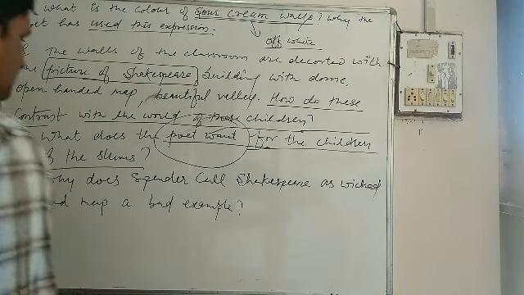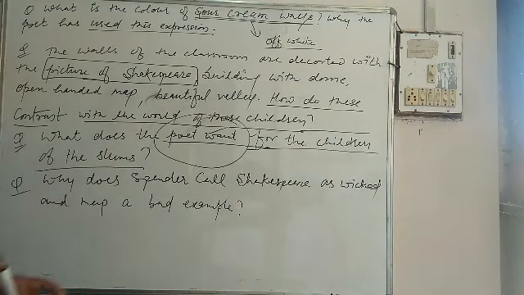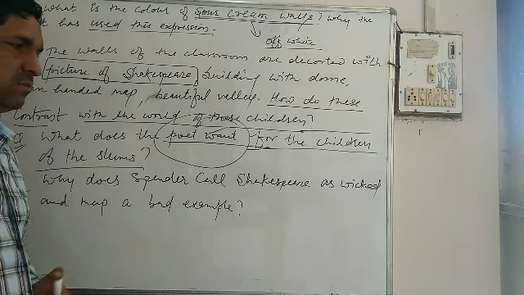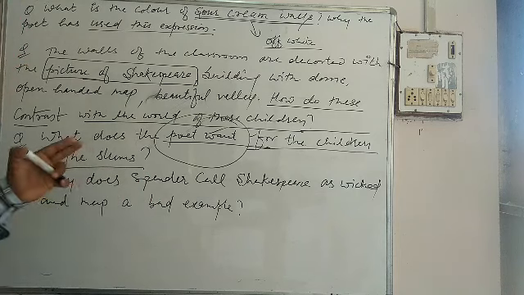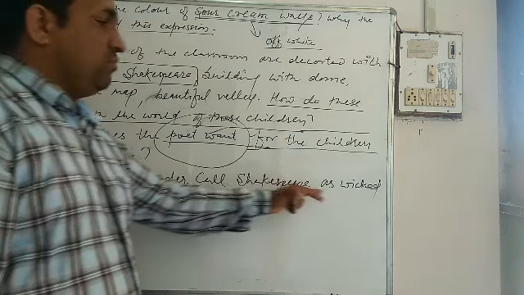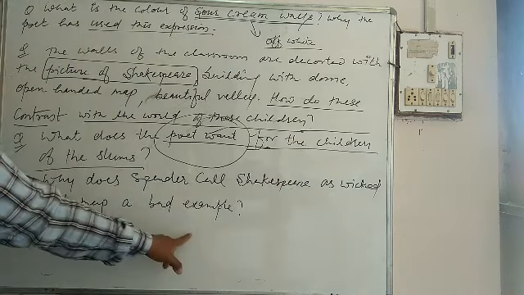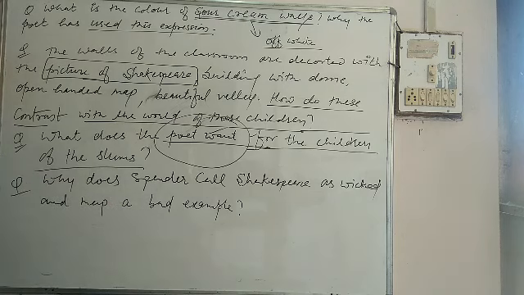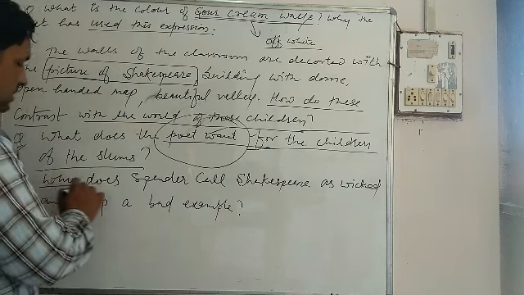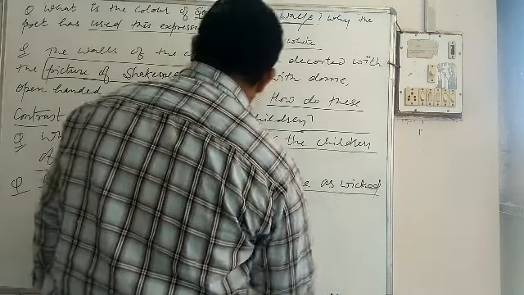Let's see. In the third stanza, the first phrase mentioned is that surely Shakespeare is wicked and made a bad example. It's a very important question. In the recent CBSE exam, the question also occurred.